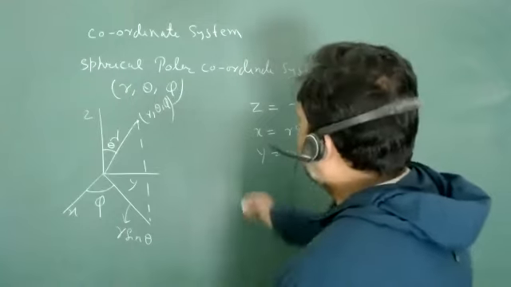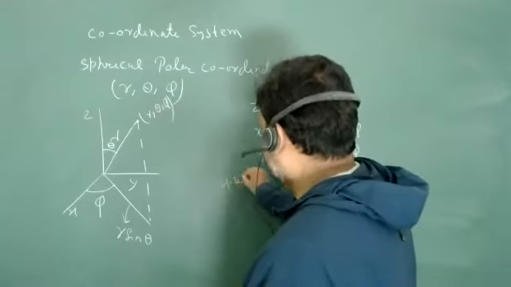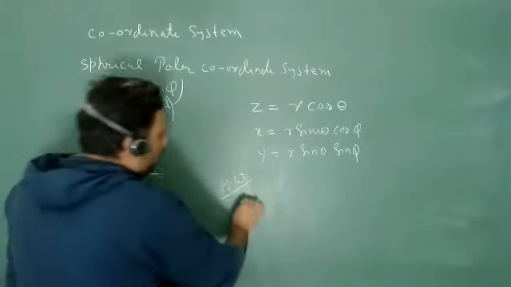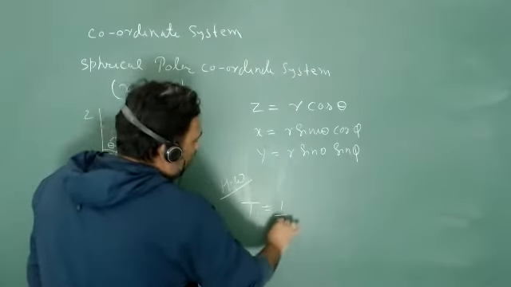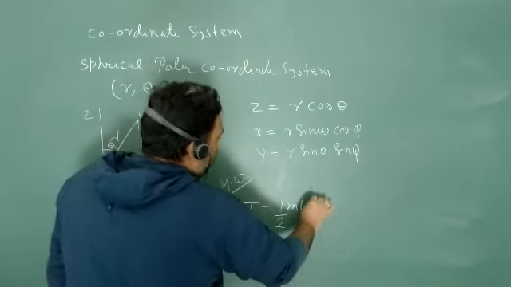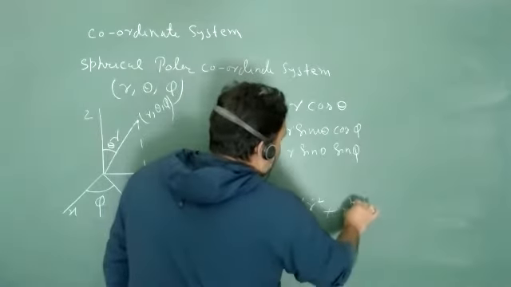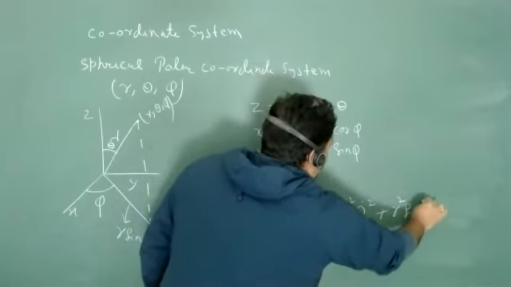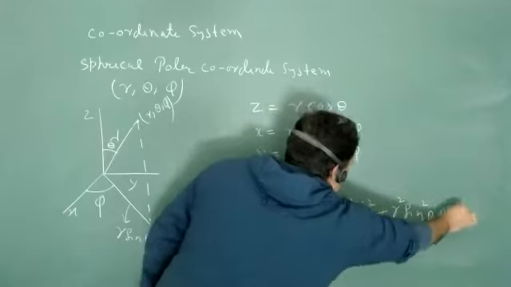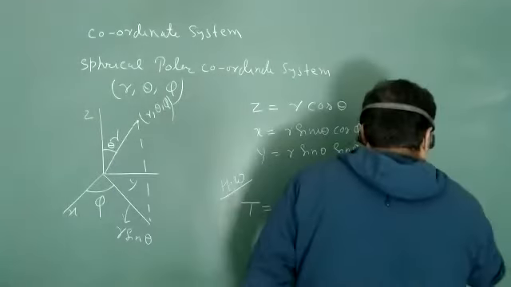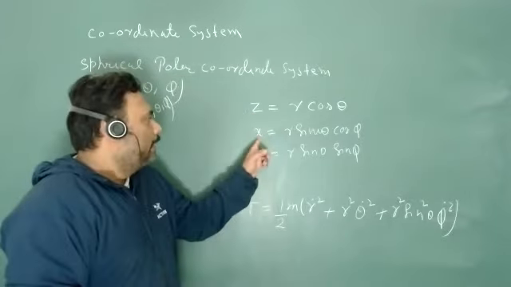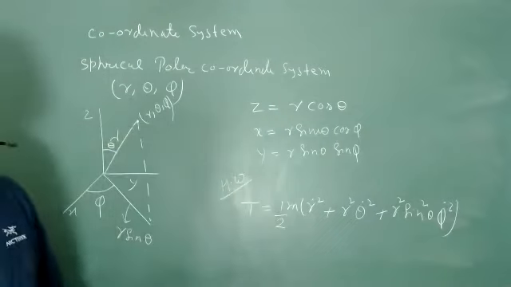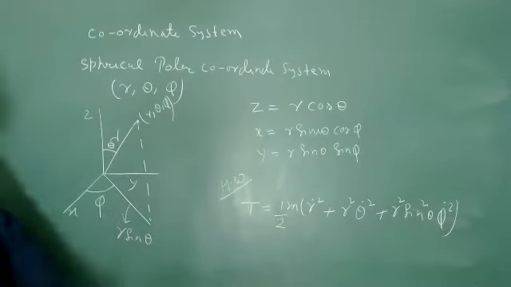I am just giving you homework, to do for practice. Find your kinetic energy: half m times (r dot squared plus r squared theta dot squared plus r squared sin squared theta phi dot squared). Try to find x dot, y dot, z dot, square them, and prove this as your homework.